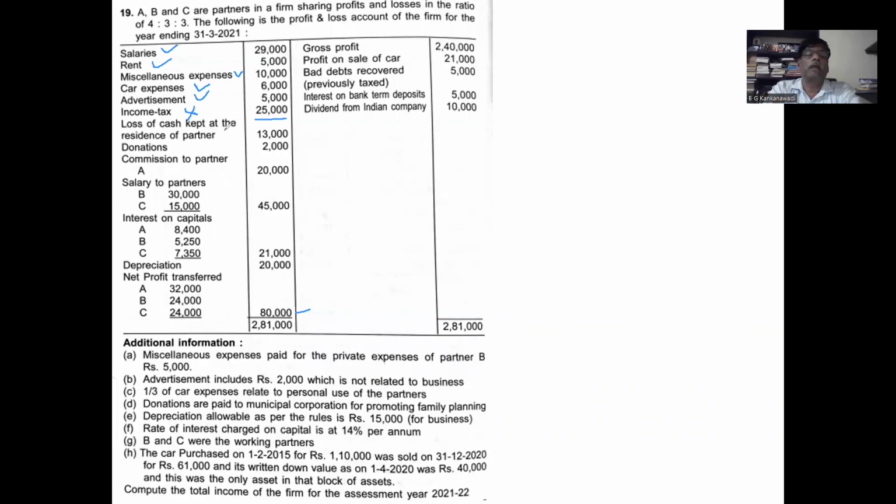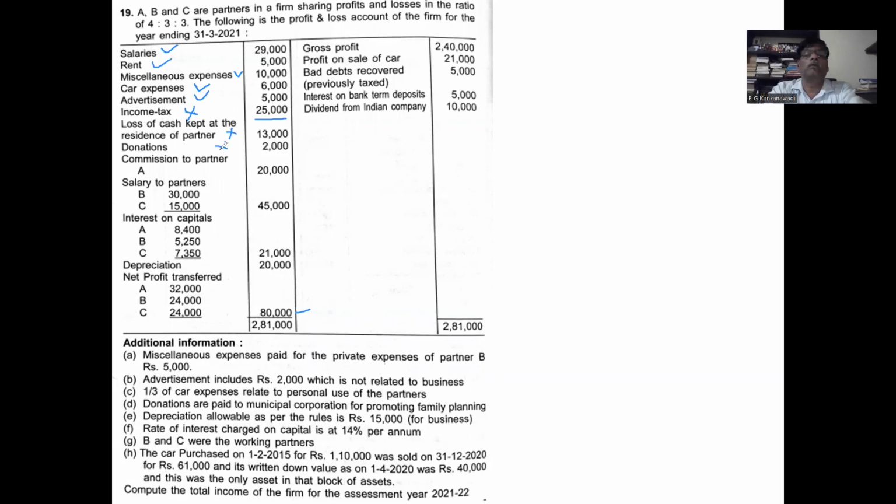Loss of cash kept in the residence of partner. Loss of cash during office hours in the office premises is allowable. Other than this, disallowed. So it is in the residence of partner, so this is disallowed.